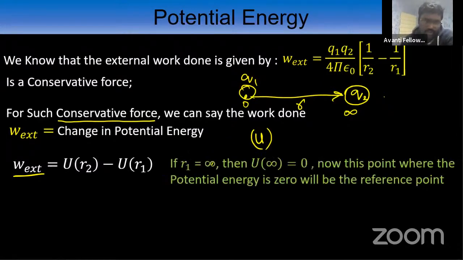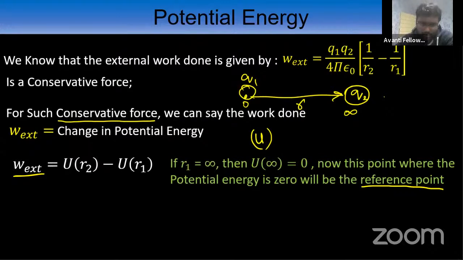So if r1 is equal to infinity, then U of infinity will be equal to 0. Now this point where I have 0 potential energy will be considered as my reference point. Guys, this is a very important point to note. So at infinity, my potential energy is 0.